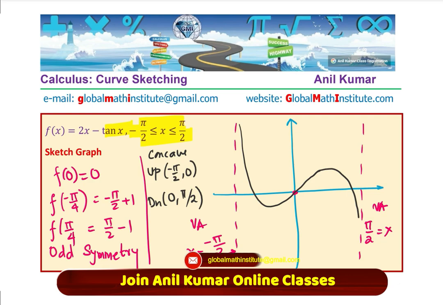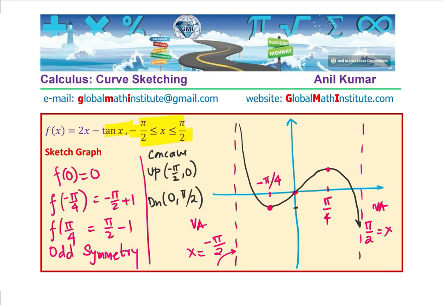There is a vertical asymptote, kind of like this. Now we know the maximum and minimum points are at pi by 4, positive and negative, and the values are minus pi by 2 plus 1 and plus pi by 2 minus 1, correct? So that becomes the graph of our function f of x from the details.